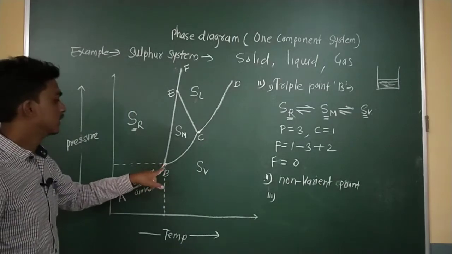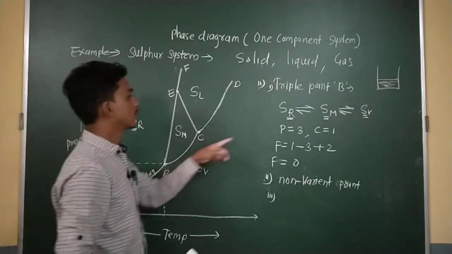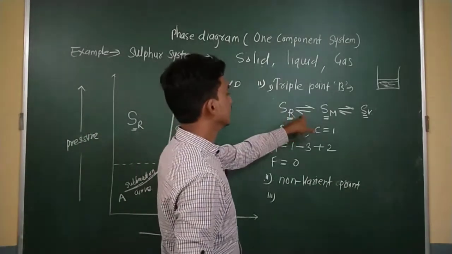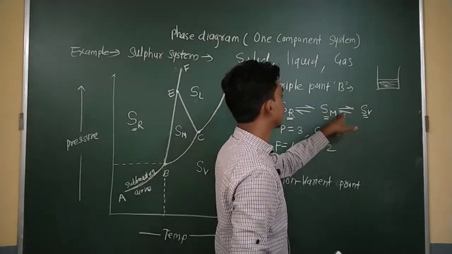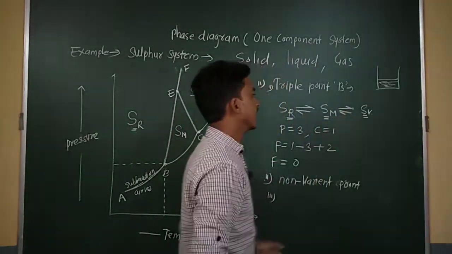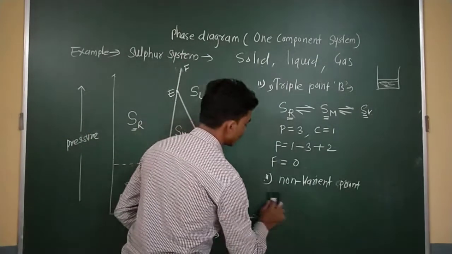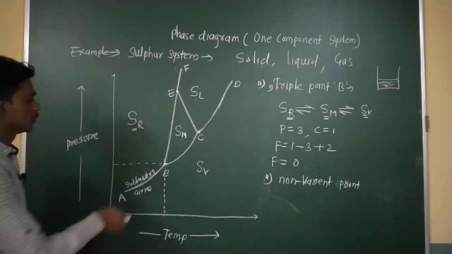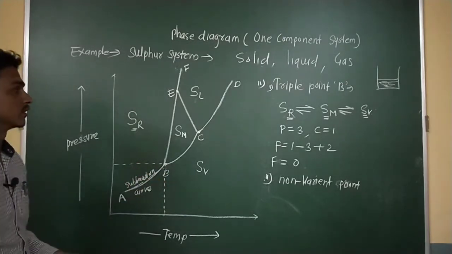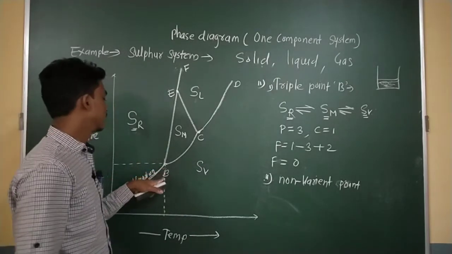This is the triple point, and at that triple point SR is in equilibrium with SM and SM is in equilibrium with SV. So you have to write all the things related to the triple point B.